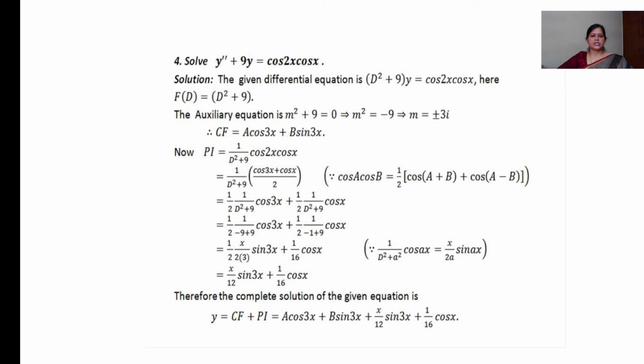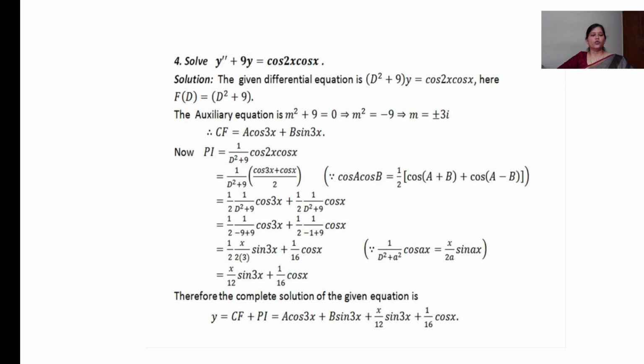The right side f(x) is not in the form of sin ax or cos ax. It is cos ax into cos x, a multiplication of two functions. But we have to get only one term for a particular integral, so we are going to simplify that while doing the particular integral.